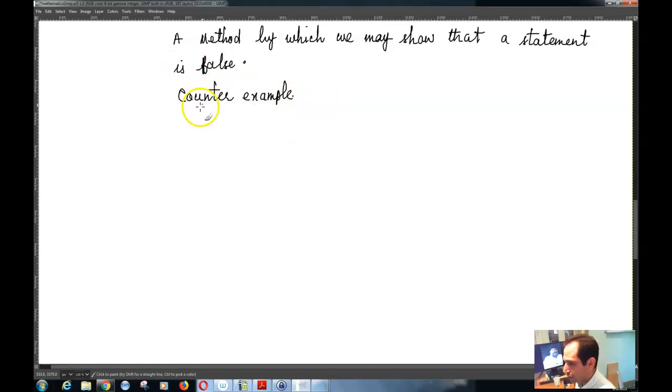So using a counterexample, for example, you have a statement P: all prime numbers are odd.